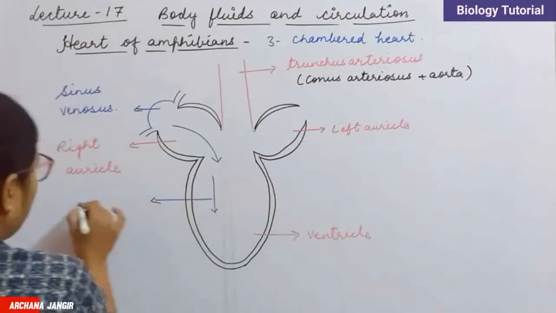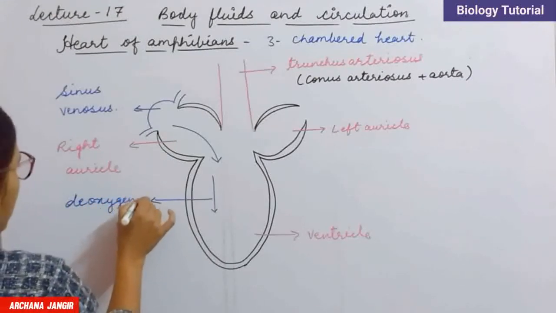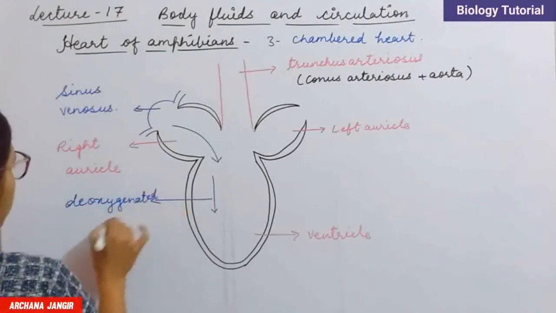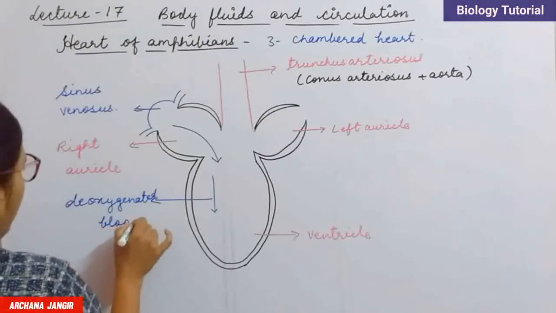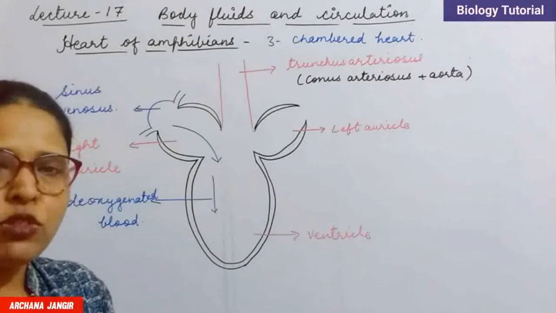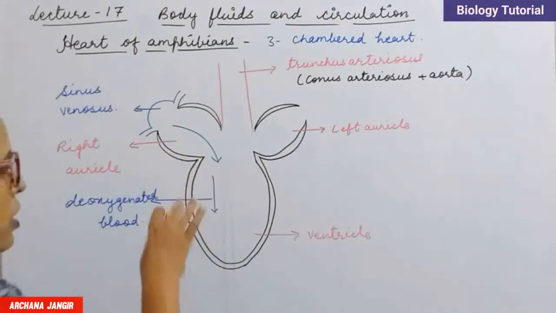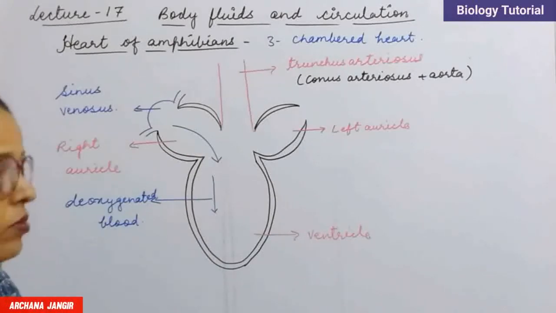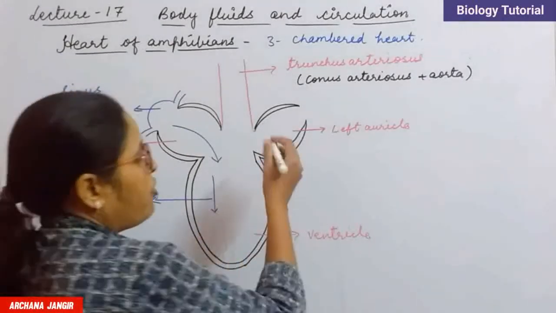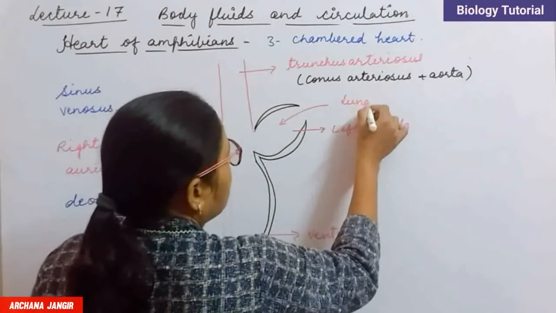So, the right auricle receives deoxygenated blood from sinus venosus, and after that this deoxygenated blood comes into the ventricle. Here, the left auricle receives oxygenated blood from the lungs.